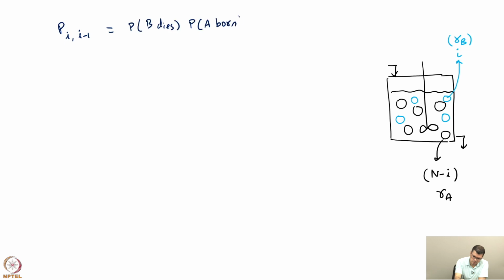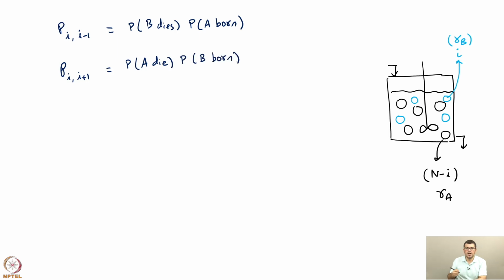This was obtained by multiplying the probabilities that a B individual will die and an A individual will be born. Next we calculated the transition probability that the system will go from I to I plus 1, which was calculated as the product of the probabilities that an A individual will die and a B individual will be born.